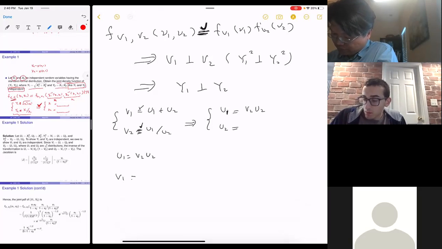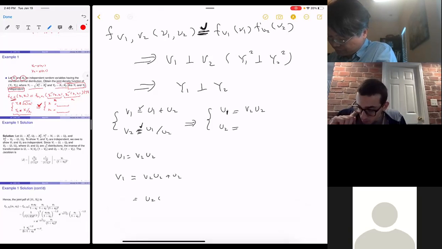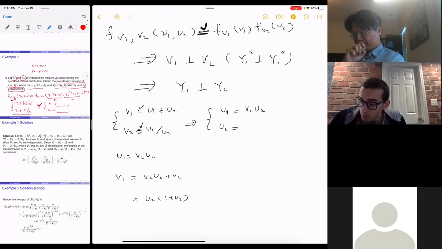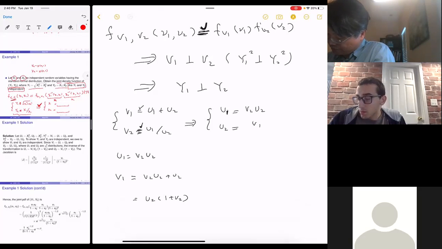If I do that, V1 equals V2 U2 plus U2. So that means U2 would be, I isolate U2, which is V1 divided by 1 plus V2. You guys with me?